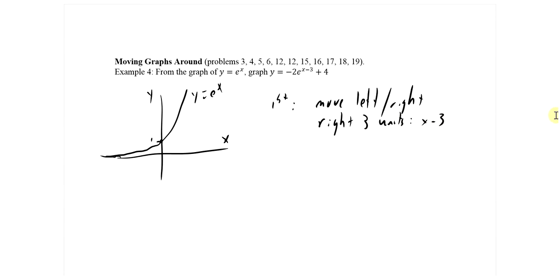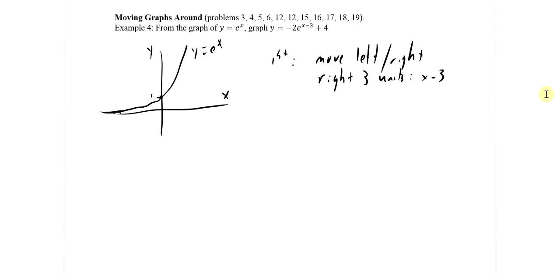We take our graph, we go right 3 units, height of 1, same picture, goes up that way and flattens out that way.